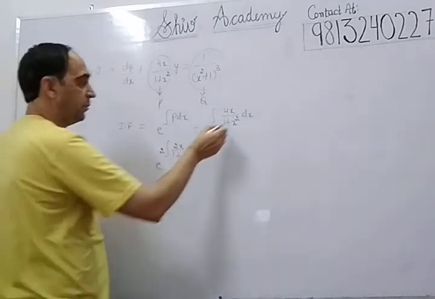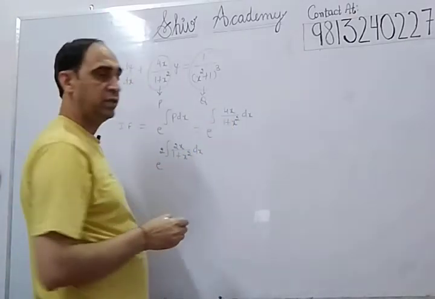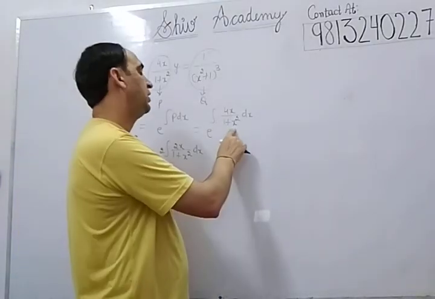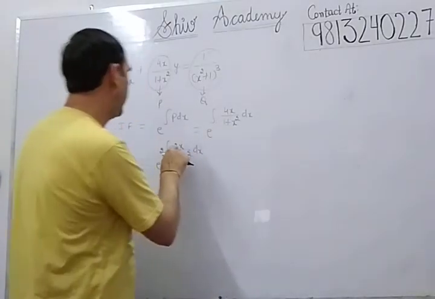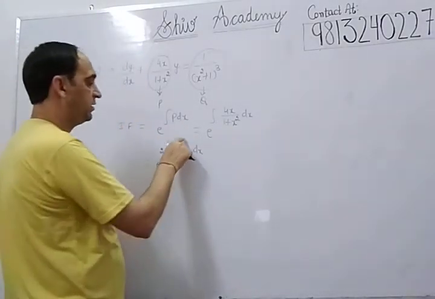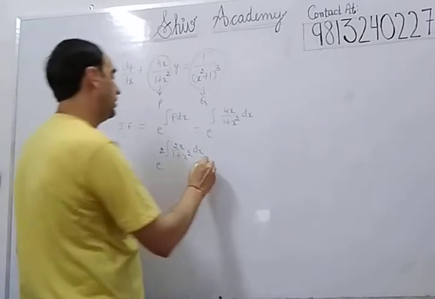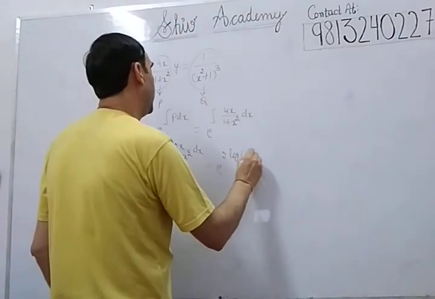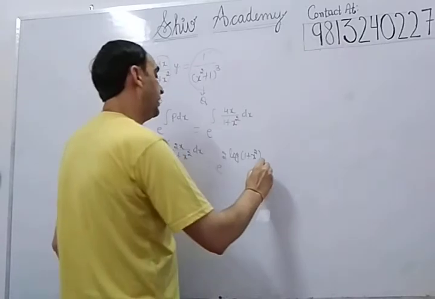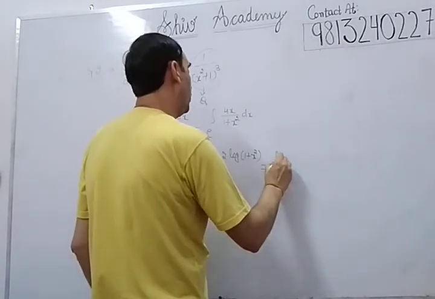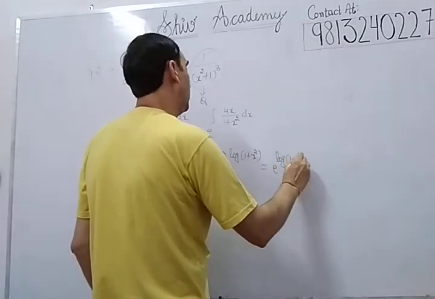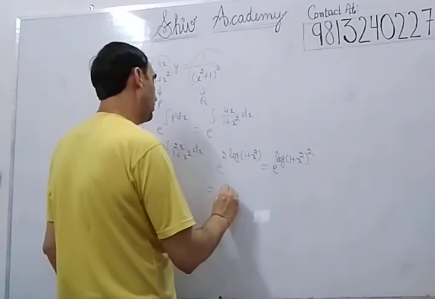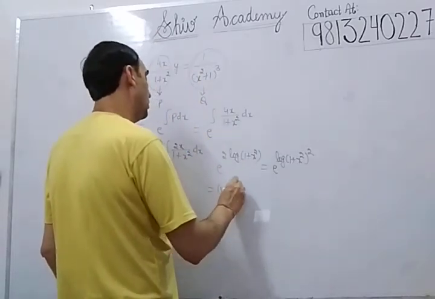Because if you put 1 plus x square equal to t, then 2x dx equals dt, that's why I took 2x dx. And it is dt by t, which gives log t, so you get e to the power 2 log of 1 plus x square, which can be written as e to the power log of 1 plus x square whole square. That's why your integrating factor is 1 plus x square whole square.